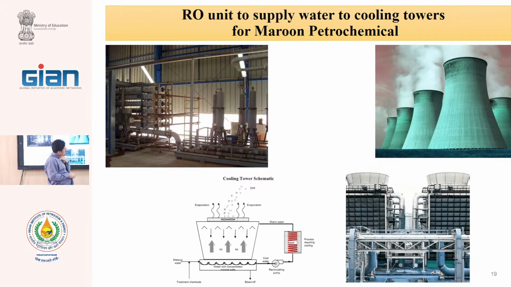But when we have evaporation, we know that the water evaporates as a pure one. No salts evaporate. Therefore, after a certain time, the remaining water will be very concentrated, because water evaporates and solids remain in the water, and the conductivity can increase and cause sedimentation and other problems.